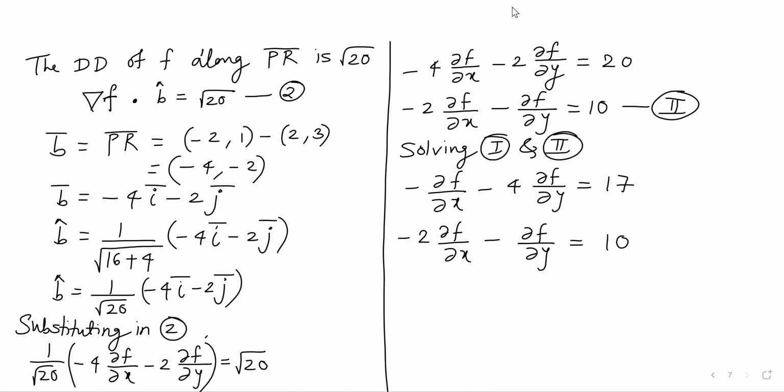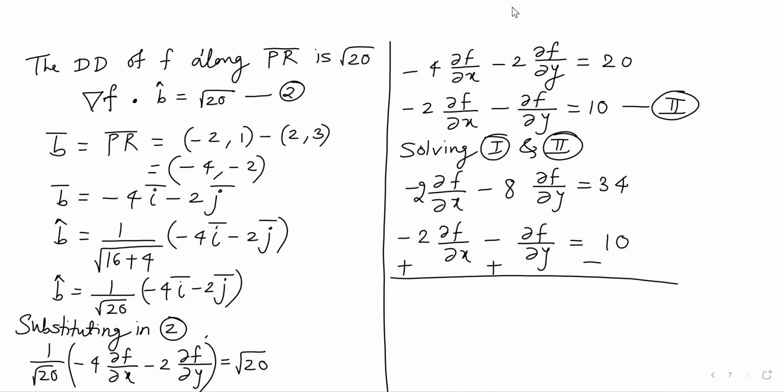So I'll multiply the first equation by 2. We'll get 2, and this value will be 2 fours are 8. So this is 8 and 17 twos are 34. And now you will subtract this.